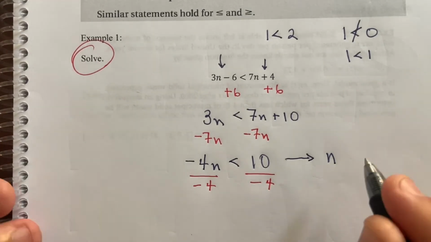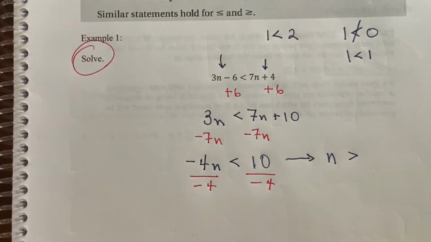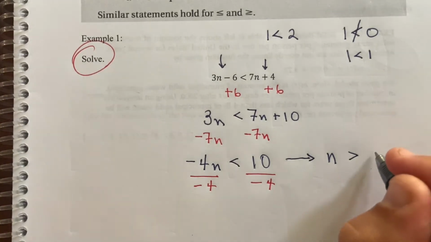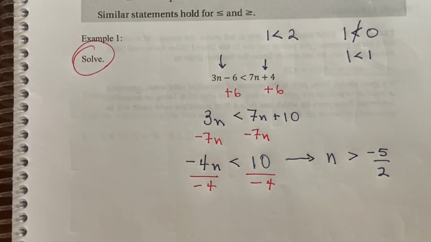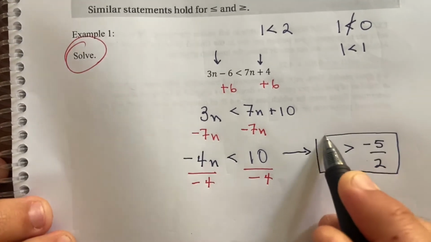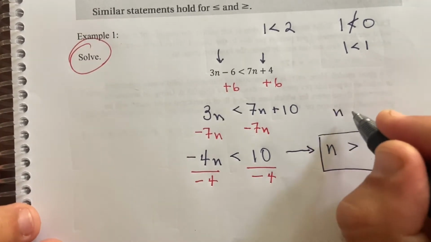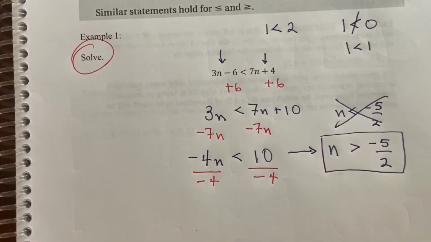So I would need to say that n is greater than the reduction of 10 over negative 4, which is negative 5 halves. This would be the solution. It would be completely wrong to say n is less than negative 5 halves. That would be totally wrong.